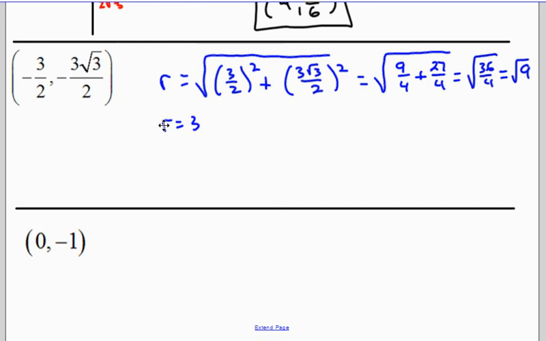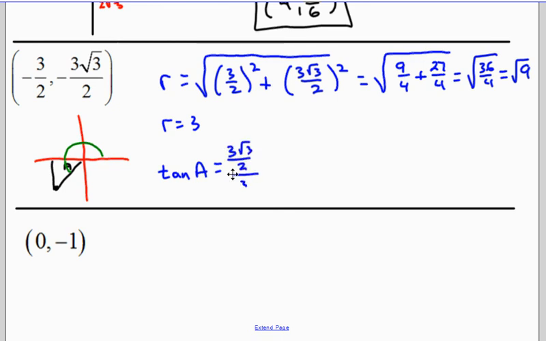All right, now to find the angle, okay, this point is to the left and down. So when I make my triangle here, I'm actually going to find this angle right here. So I'm going to have to do 180 or pi plus that angle. So the tangent of the angle I know is going to be y, which is 3 square root of 3 over 2, over x, which is 3 over 2.